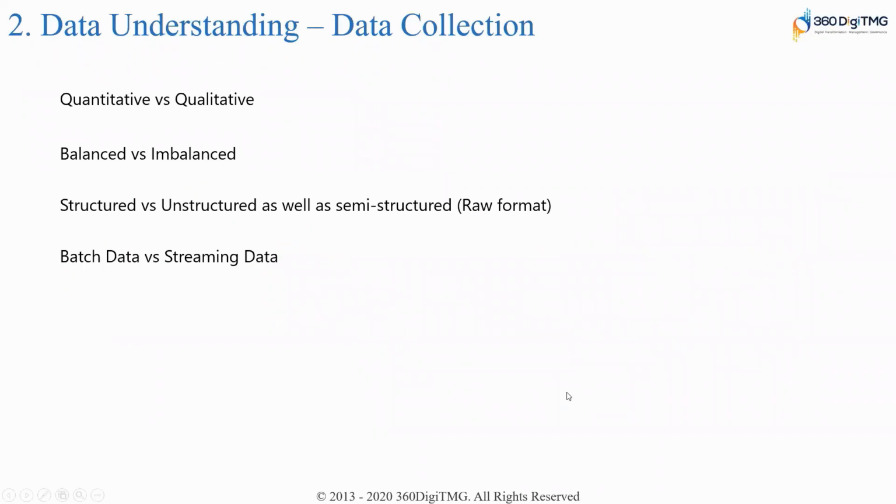Then batch processing versus streaming data. I'll take the example of the same bank. In the bank, from say 9 a.m. until 5 p.m., 100 people have applied for a loan. So you have 100 forms or 100 entries.